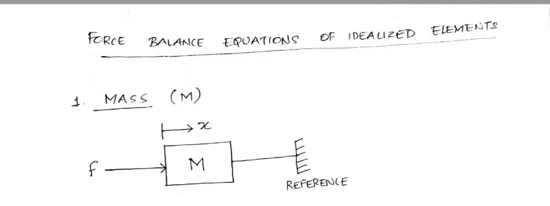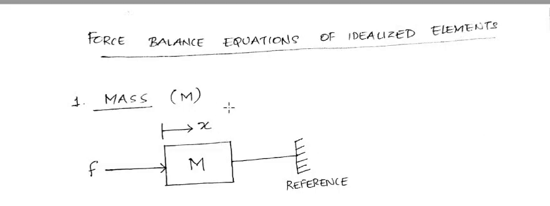Okay, so firstly we will go for the mass element. Here we have the mass element with mass m, and there is an applied force F on one side, and the other side of the mass element is fixed. So that is a reference. That end is fixed, and on the other end we are applying a force. Due to the applied force F, the mass will move a particular distance, and the displacement of that mass is x.